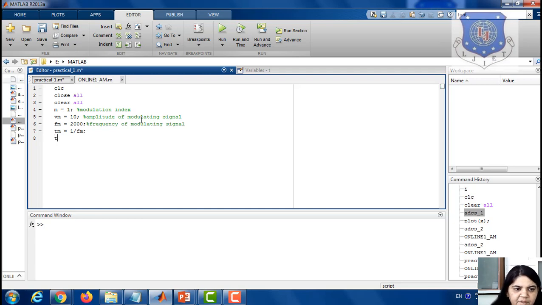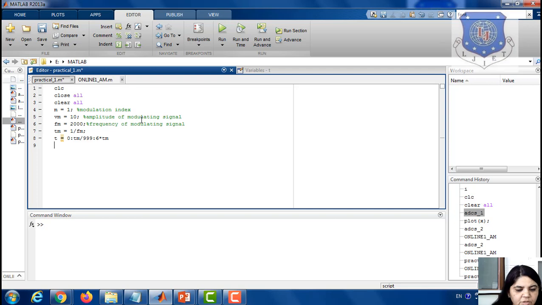For that, I define a value starting from 0. I put the gap as the time period divided by 999, and call it Tm. This is the gap that I am creating. For the x-axis you can give your own time for generating the samples.